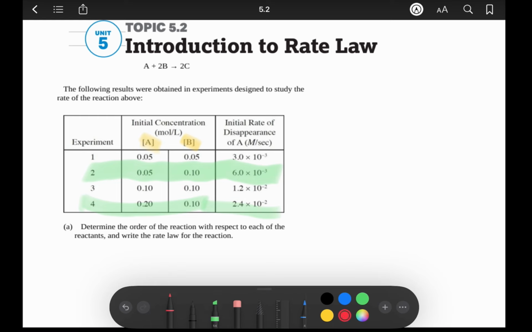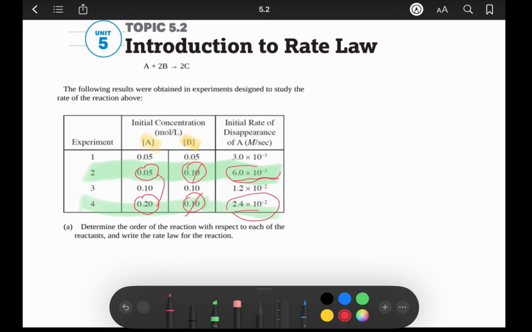The concentration of A was 0.05, and now it becomes 0.20, which means it's quadrupled. And since the concentration of B remains constant in both experiments, what happened to the rate of reaction? The rate was 6 times 10 to the power negative 3, and now it becomes 2.4 times 10 to the power negative 2, which means the rate is also quadrupled.